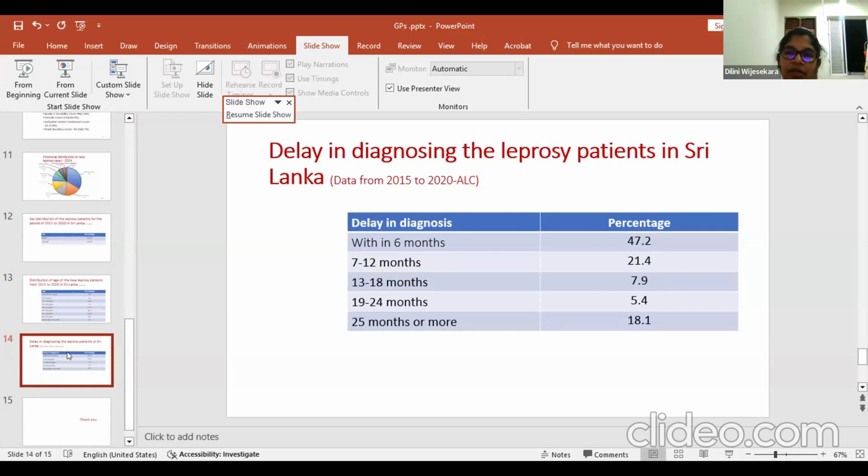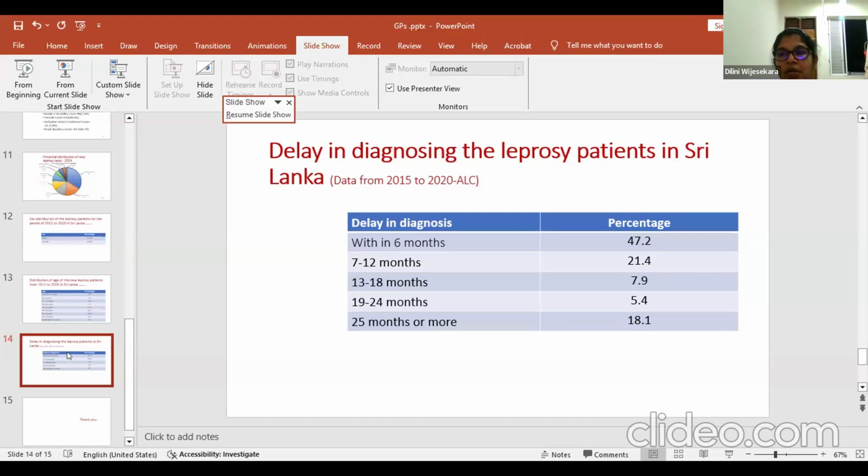That is good. But concentrate on the last part, 25 months or more, 18%. That means one fifth of our people who were with leprosy were diagnosed 2 years after the first clinical manifestation.